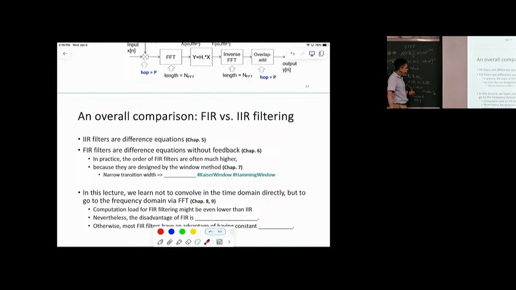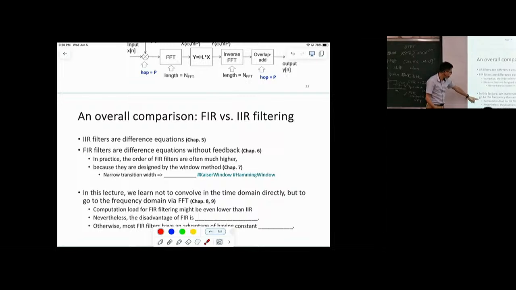But finally, thanks to FFT, in this very last part of the lecture, we learn not to convolve in the time domain directly, but to go through the frequency domain through FFT. And FFT being FFT, F stands for fast, because of its beautiful structure. Please recall that structure.